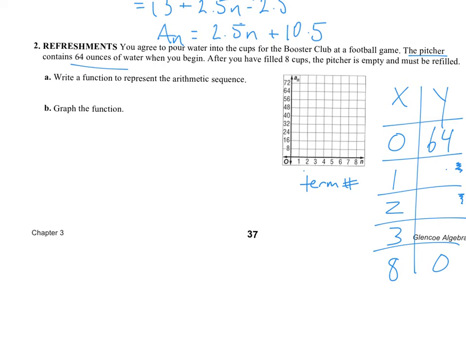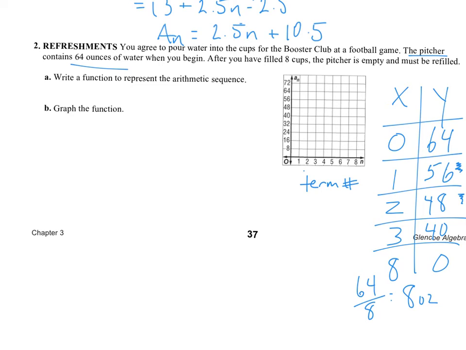Think what we need to do. Remember, we're putting the same amount of water in each cup. So if it took us 8 cups to get rid of 64 ounces of water, that means in each glass we had 8 ounces of water. So we lost 8 ounces, so this should be, what, 56? Then this will be 48, and this will be 40. Okay.